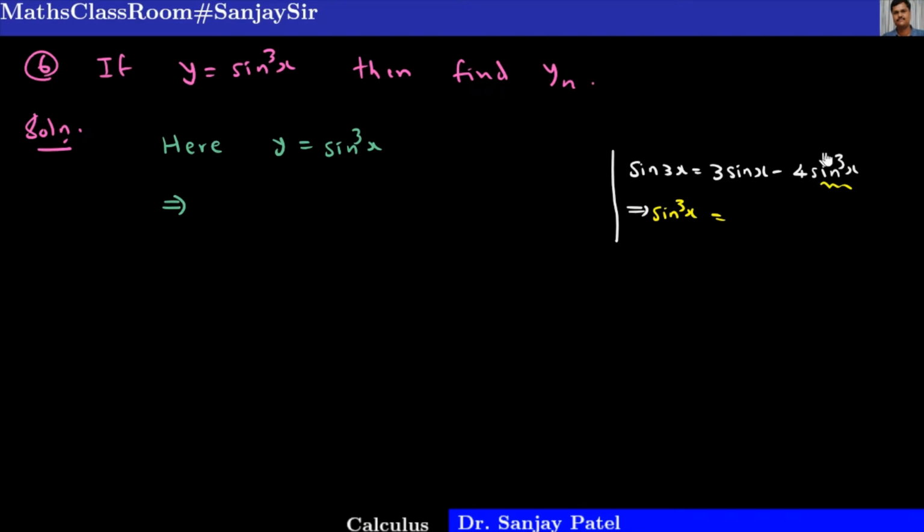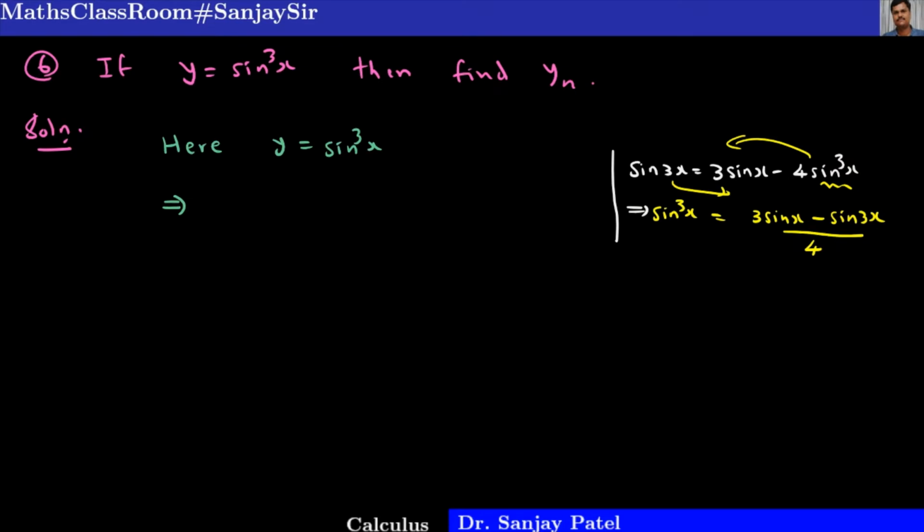I am keeping 4 sine cube x on one side and taking the other on the other side. So 4 sine cube x is equal to 3 sine x minus sine 3x. First you can take this on the left hand side, and sine 3x on the right hand side, and then divide by 4. So you will get 3 sine x minus sine 3x by 4.